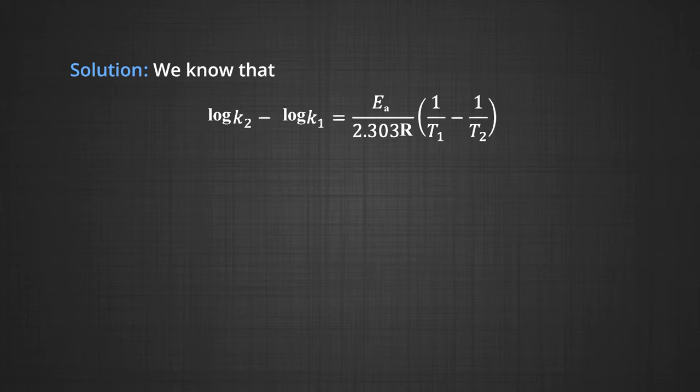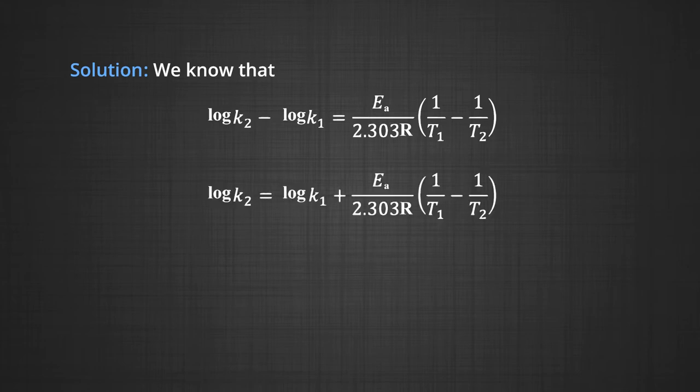Now let's solve it. We know that log K2 minus log K1 is equal to EA divided by 2.303 R into (1 by T1 minus 1 by T2). Log K2 equals log K1 plus EA by 2.303 R into (1 by T1 minus 1 by T2).